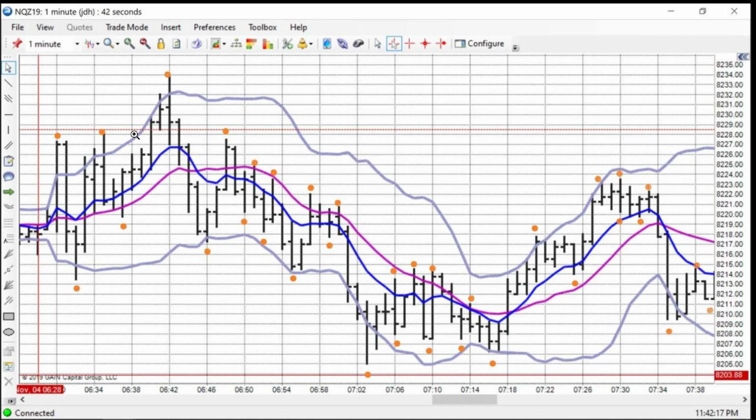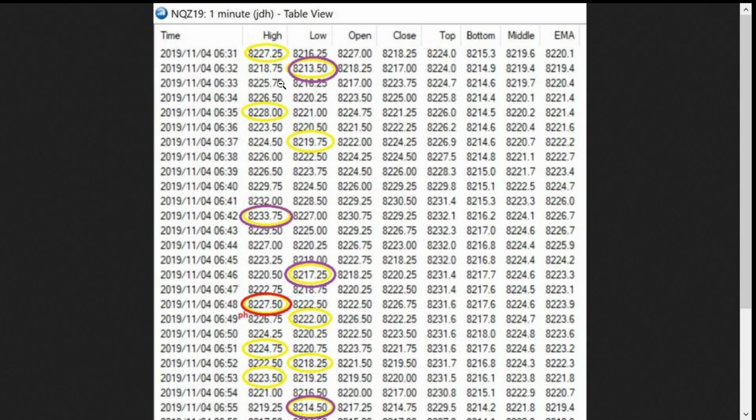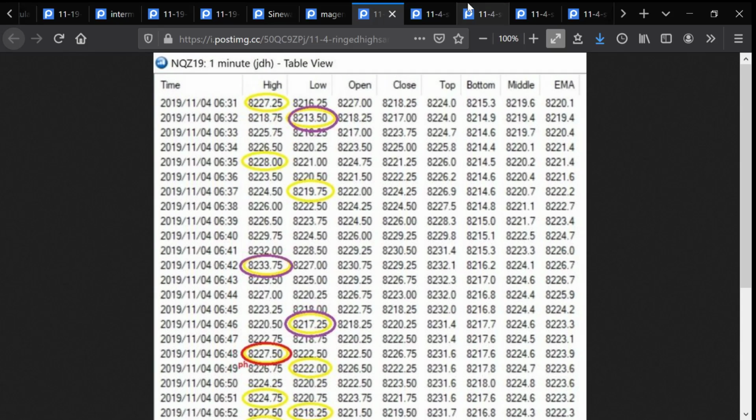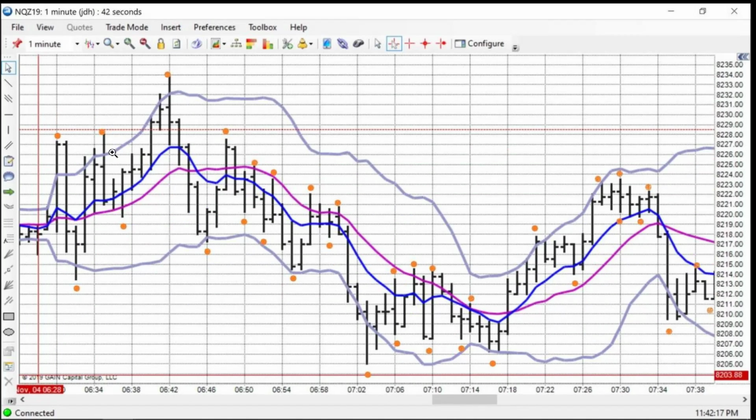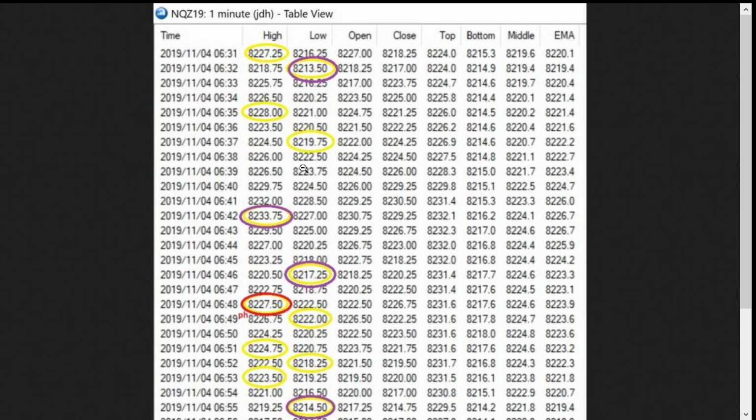What I'm showing here is how the old timers would create their own swing charts. But today we can just look at the chart and see it visually, which is what you want to do anyway for day trading. I'm just showing the concept of how these points would be determined.